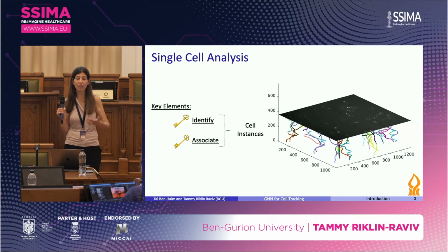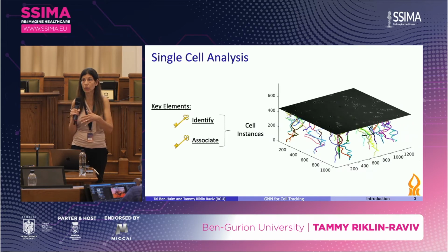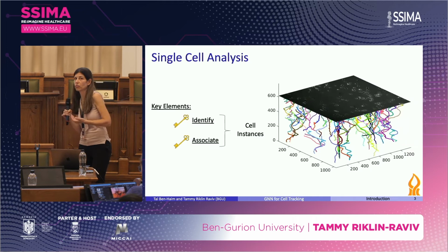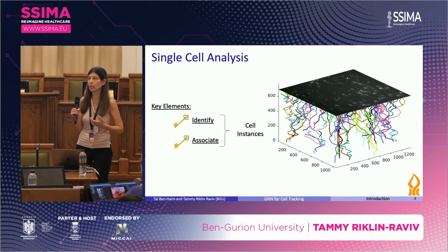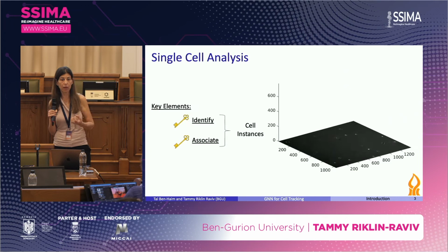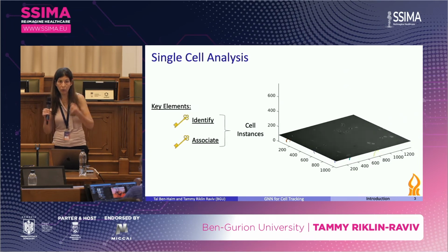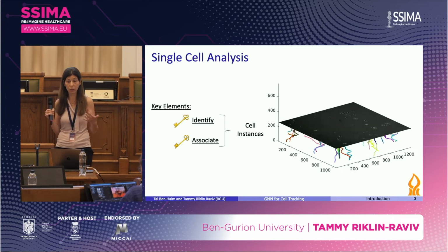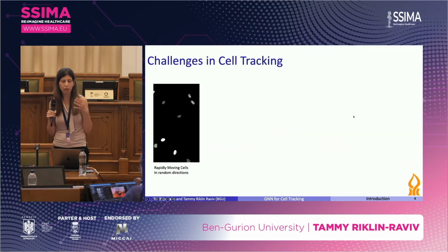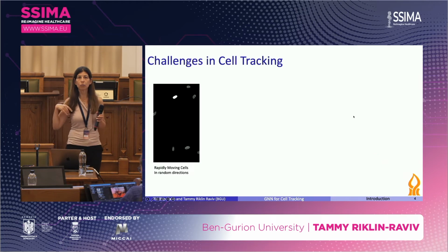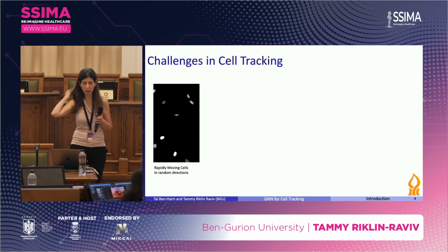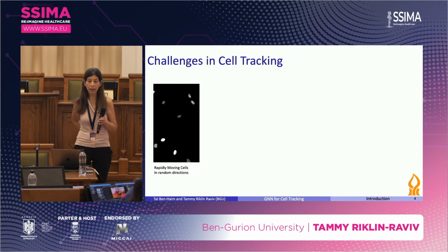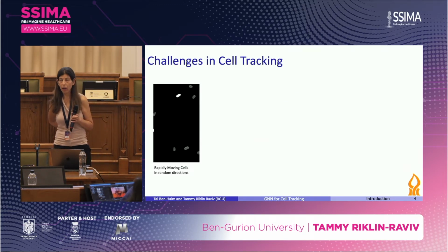So the end result is the lineage analysis, as you can see here, and this can provide very complex measures, such as inheritance, dynamics, and cell path, that our biologist collaborators can utilize in order to understand. In this work, I will concentrate on cell tracking. I will assume segmentation, or annotation, is given.